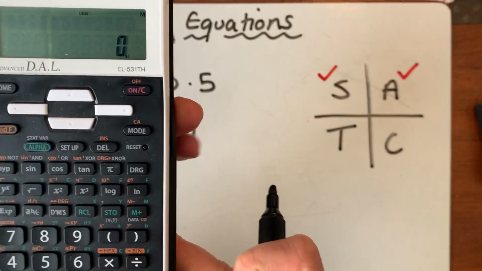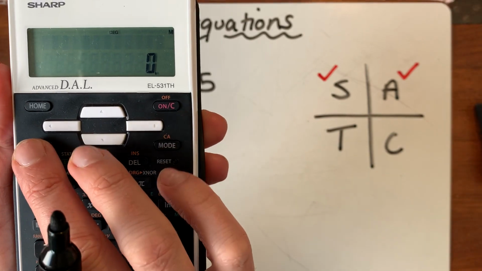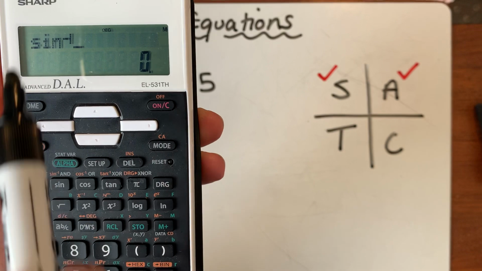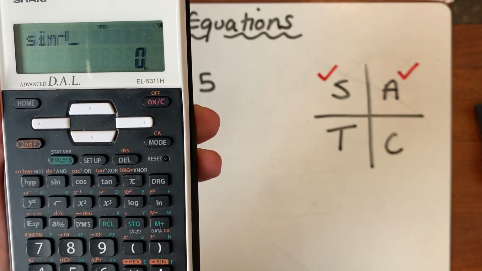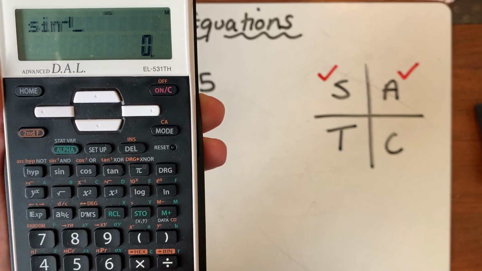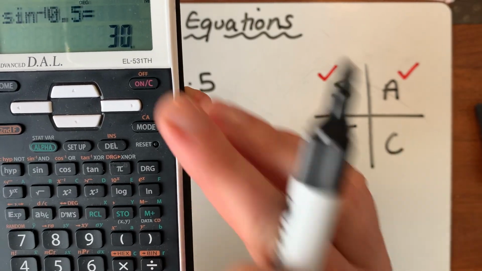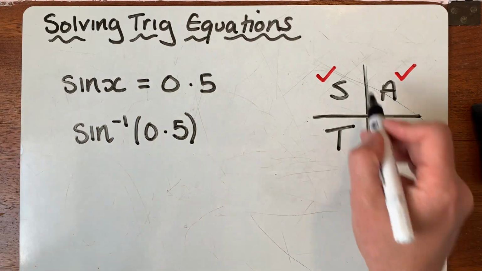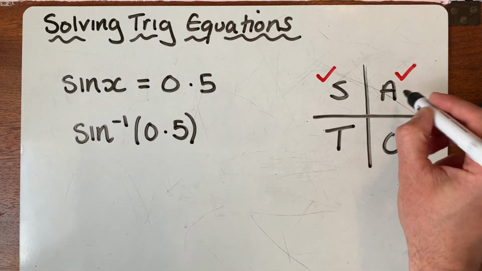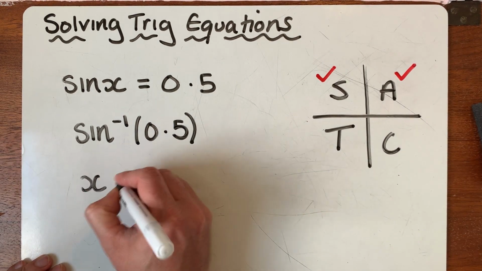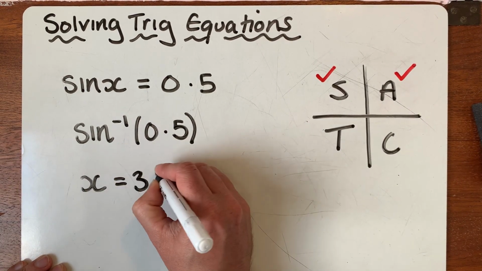You're going to use the second function button, push sine, and that gets this sine to the power of -1 up here, and then we type in our value, which is 0.5, and push equals, and we get an answer of 30 degrees. We have a look and see if we want that answer. That's our first quadrant answer, and in this case it's ticked, so we do want that. So one of the answers to this equation is that x is equal to 30 degrees.